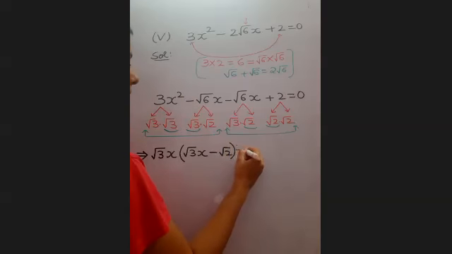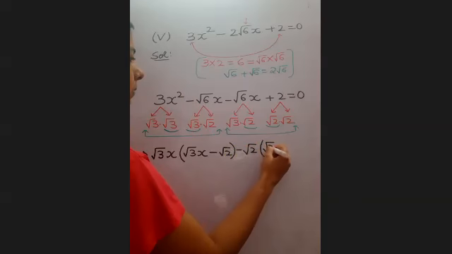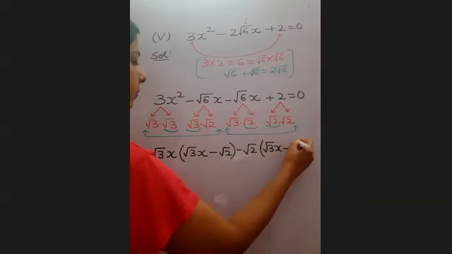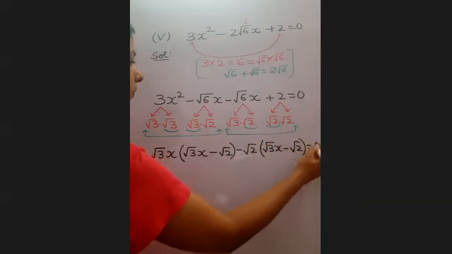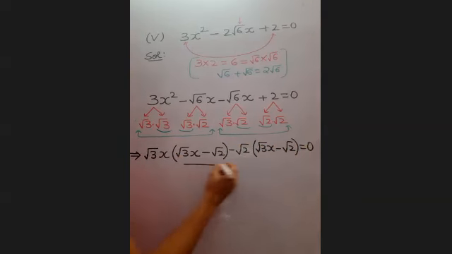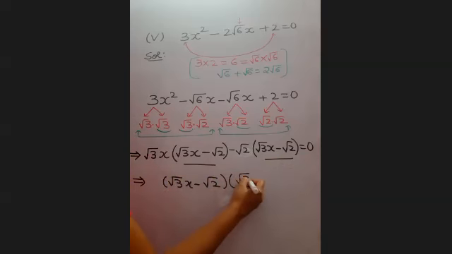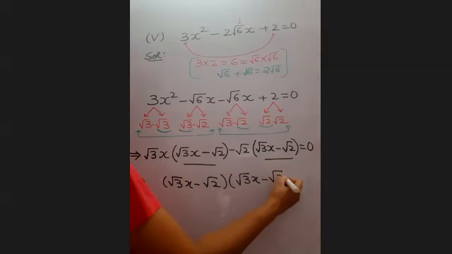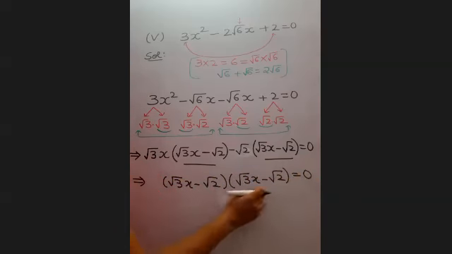Now next, minus root 2 common. What are we left with? Root 3 x minus root 2. Please see that both the brackets are same. Are they? Yes. Root 3 x minus root 2 into root 3 x minus root 2, repeated, identical.